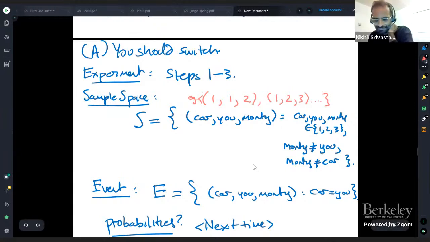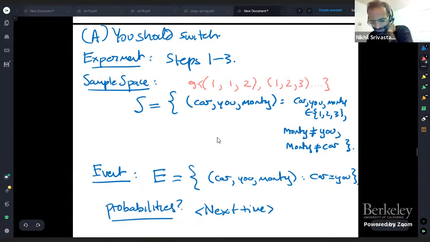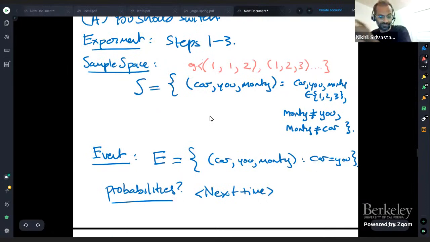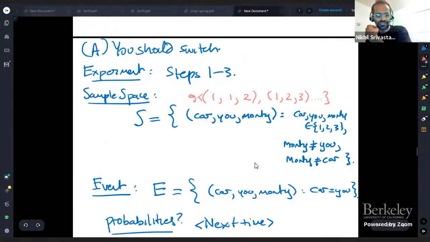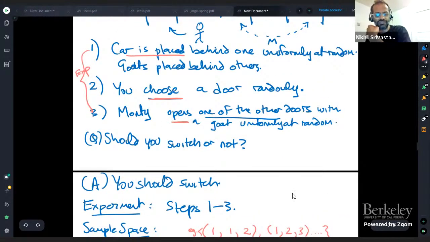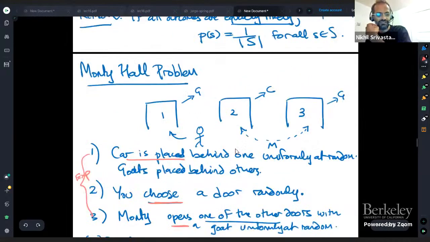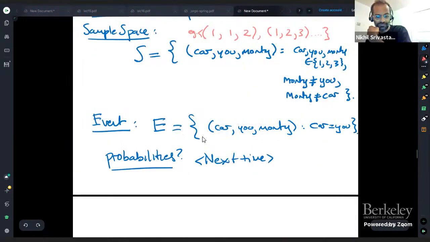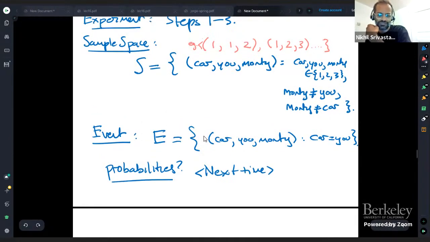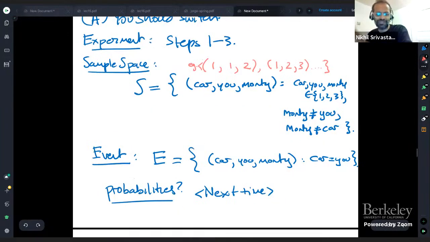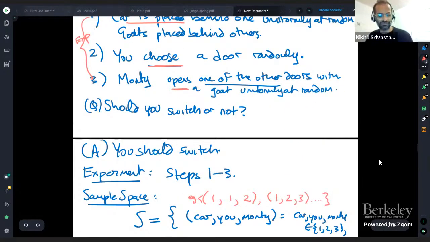Yeah, no, that's a perfectly valid calculation. You did something clever, which is you ignored Monty, and you realized that the event car equals you only depends on the first two steps. And so the probability of this event is 1/3. And then that implies that the probability that car does not equal you is 2/3. And that's why you should switch.